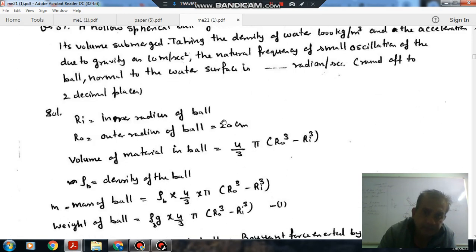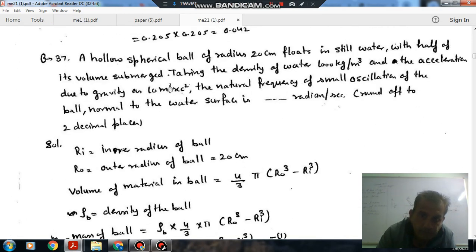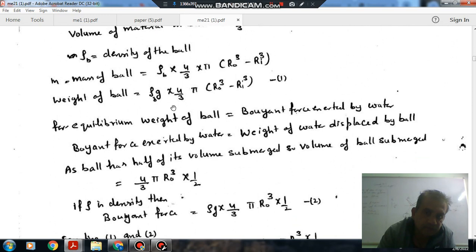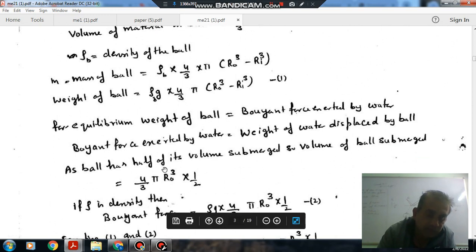And it is given that half of its volume is submerged. So the external volume of the ball is 4 by 3 pi R naught cube, and half of the volume is submerged in water. So it is the volume submerged in water, or the volume of water displaced.